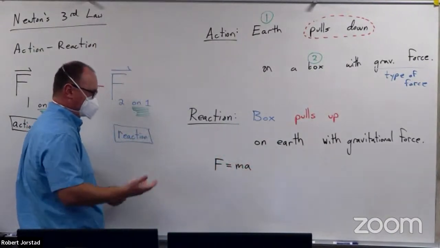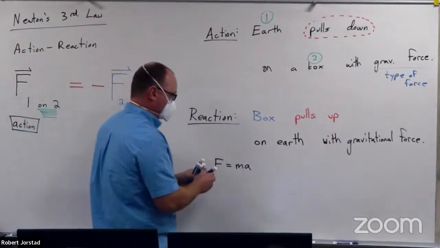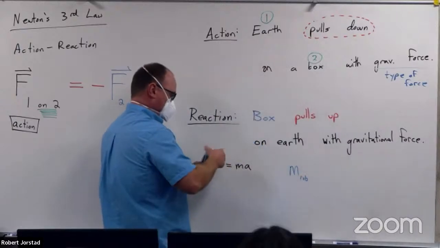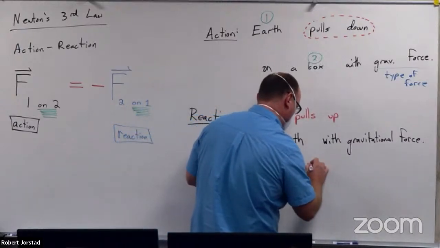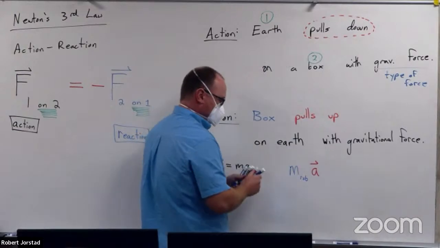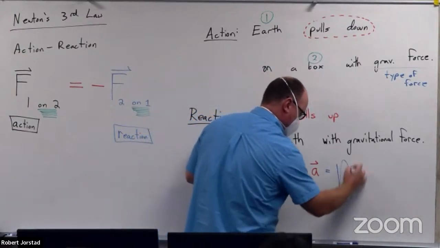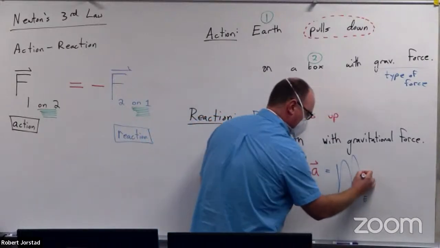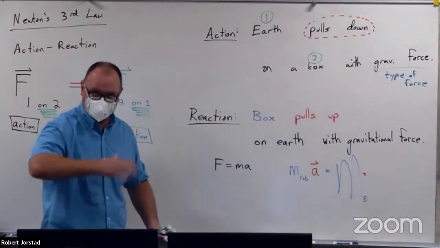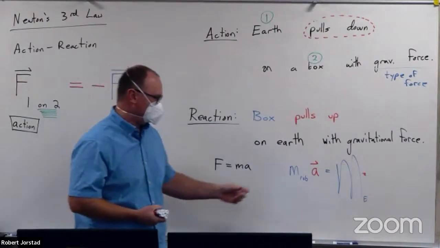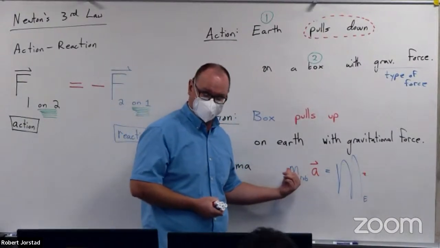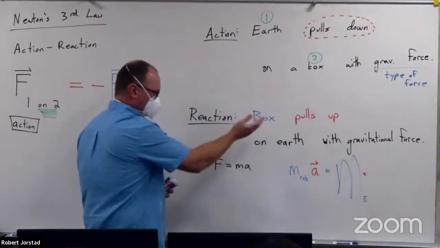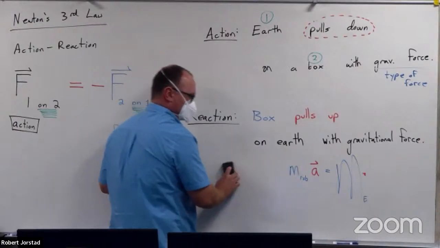So if we think about this case, you could say the mass of Rob times the acceleration of Rob might be equal to the mass of the earth, and the acceleration of the earth might be really tiny. And this is in fact what's happening when I jump up in the air. You notice my acceleration because my mass is very low. We don't notice the earth's acceleration because its mass is very huge. So that's why people have trouble with this, all right?